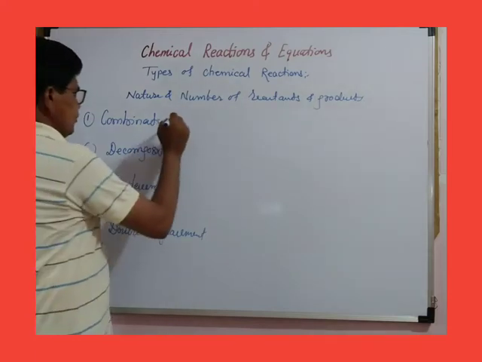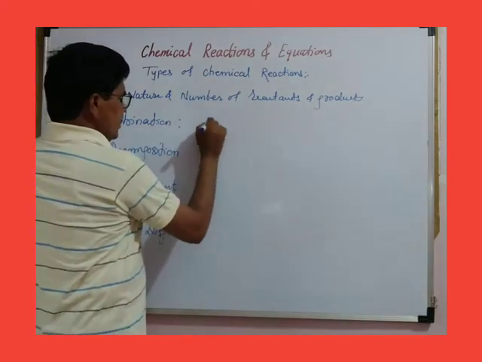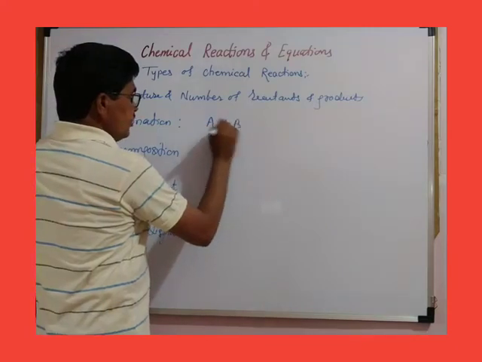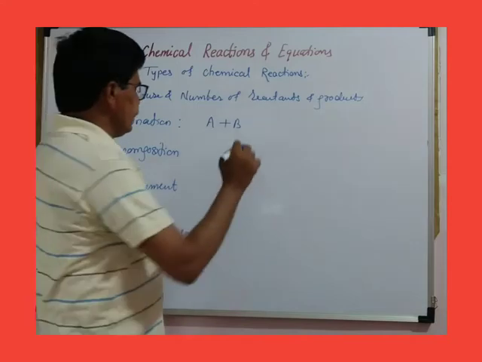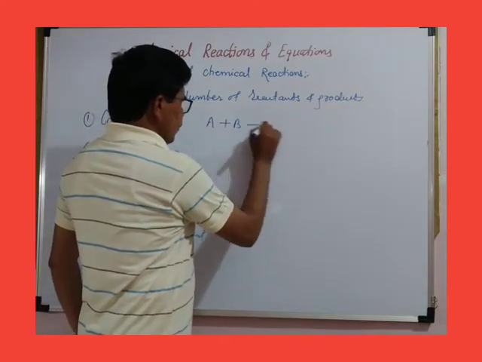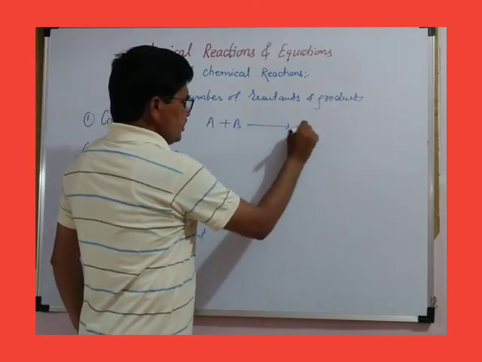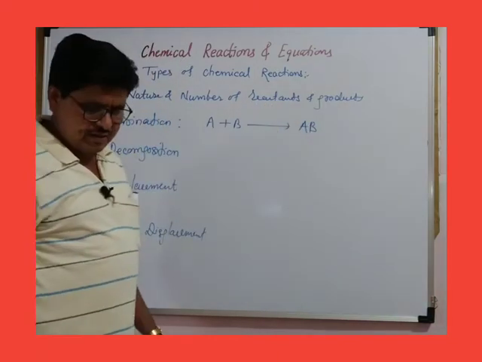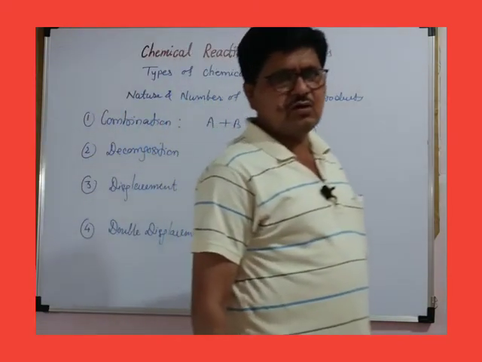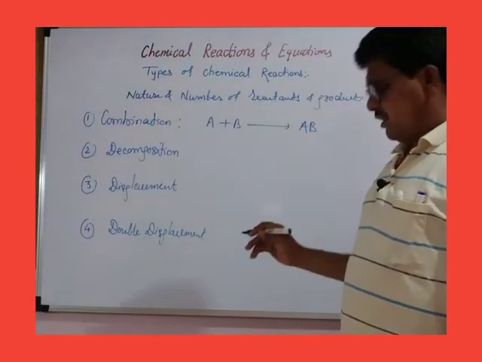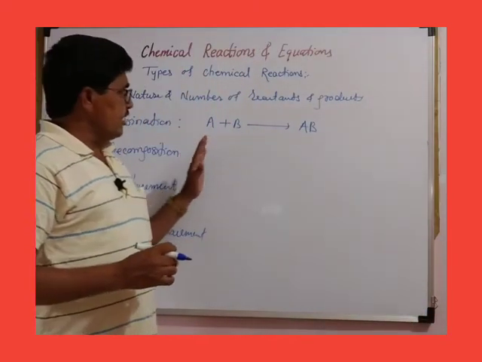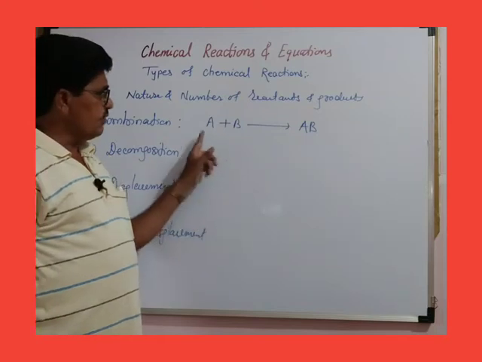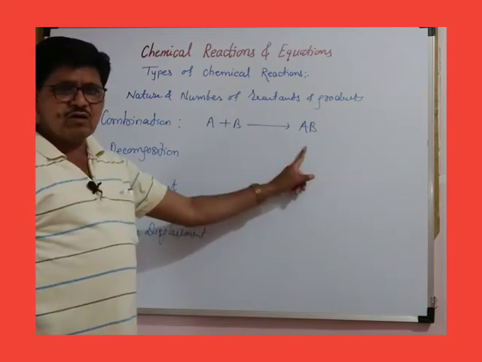First, suppose A and B are any two reactants. If A and B are combined together, there is the formation of a single product. That type of chemical reaction is known as the combination reaction. When two or more reactants combine together, there is the formation of only a single product.